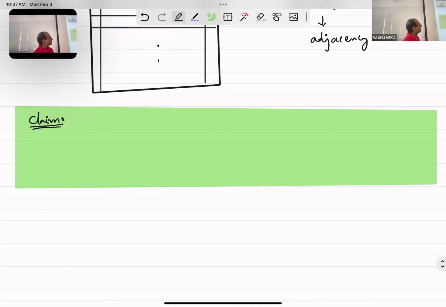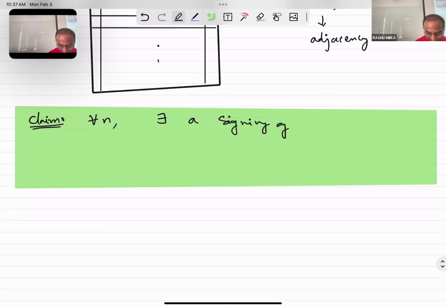We'll prove by simple inductive construction that for every n, there exists a signing of Bn such that the square of this is exactly n times the identity.